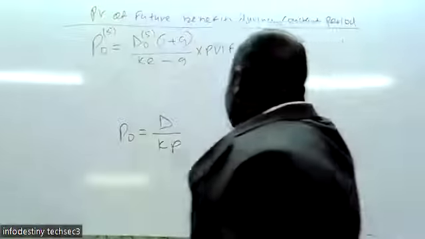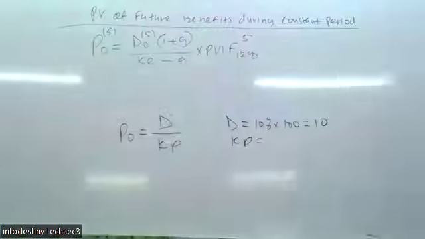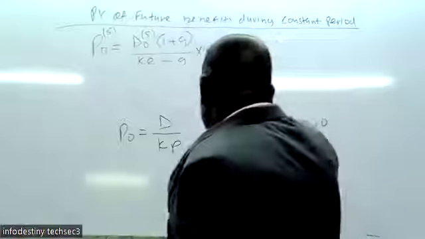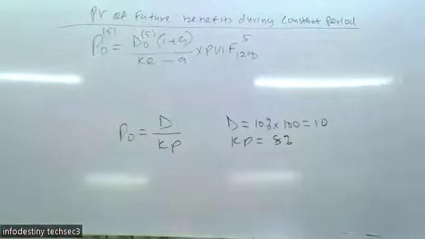So KP is the cost of the preference share, which was given as how much? The minimum required rate of return by the investors. You see, 8%. So 8% is now the cost of the preference share.